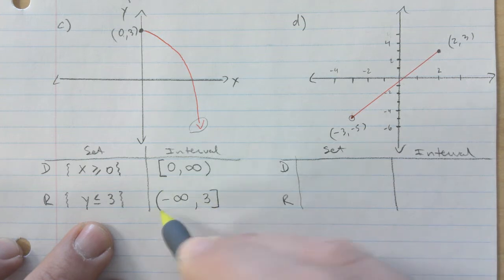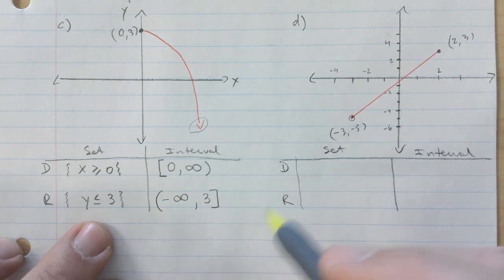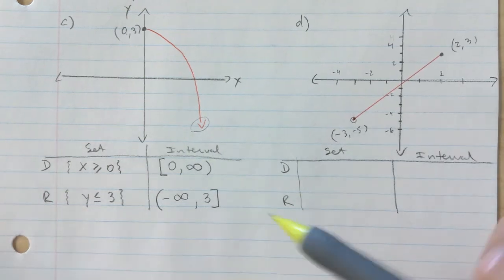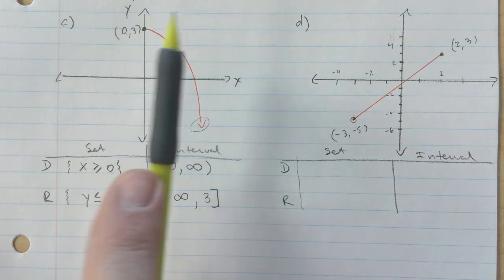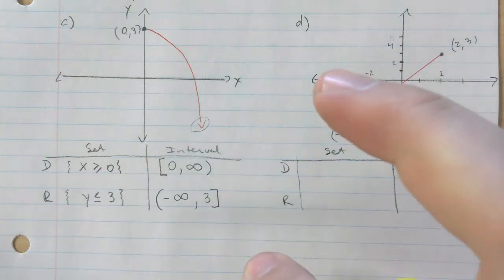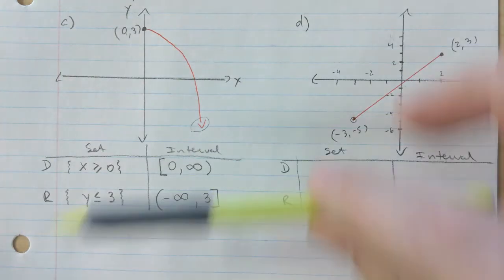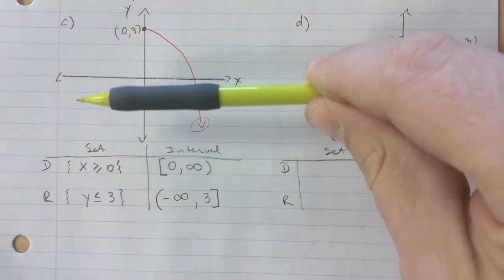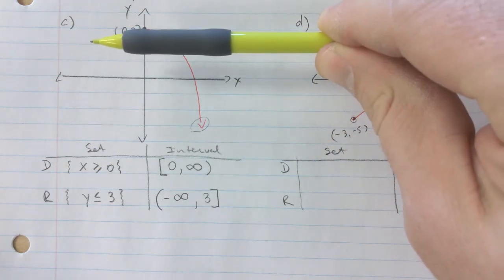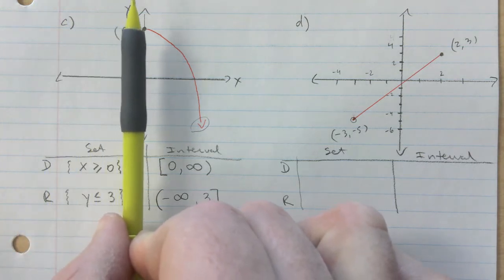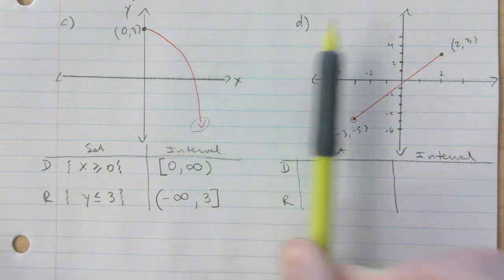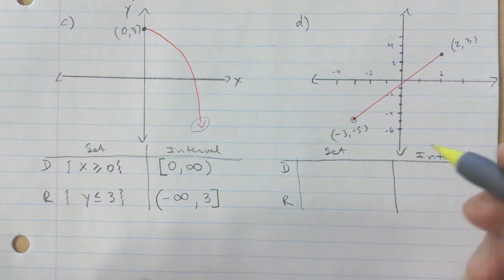So I introduced the negative infinity there. I'm kind of telling my students, scan the x from left to right and scan the y from the bottom up, right? So you're coming from negative infinity and you stop at 3 when it comes to the y. And then you start at 0 and you keep going to positive infinity when it comes to your x, okay?